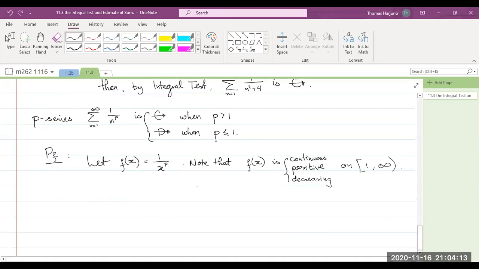Okay, and of course this f(x) is the superposition function for the sequence.